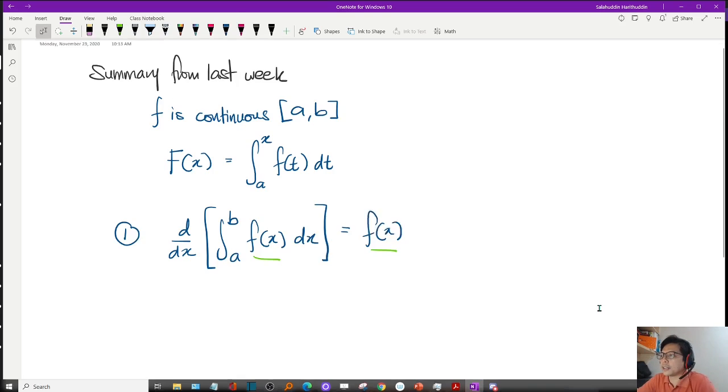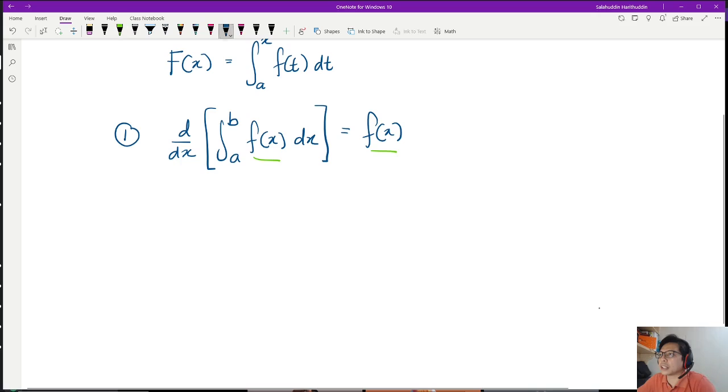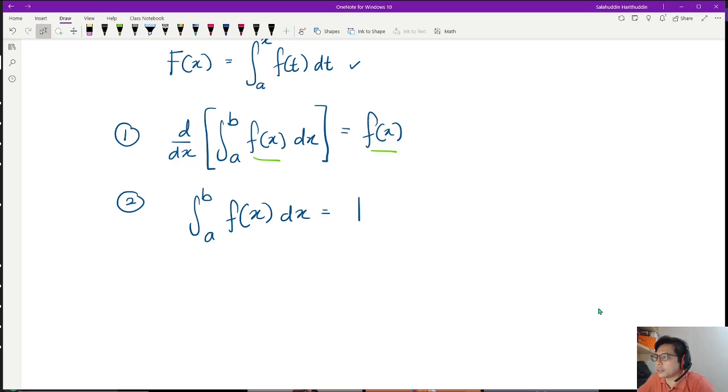And then the second result that we can get from last week was that, if you know the integral of f of x is big F of x, then whenever you try to evaluate a definite integral, what you'll get is basically this.